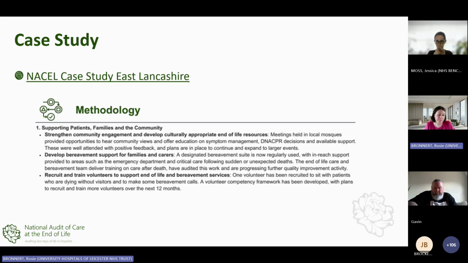So these examples are just very much a flavour of some of the many different cases that we have available. And depending on what you are thinking about doing locally, or if there's a particular area from the patient and carer tool that you would like to focus on some more, it can be worth having a flick through the Good Practice Compendium to think about what you want to start with.